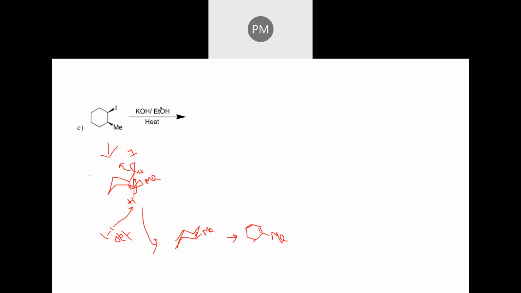On the next one, if we use OEt minus, it will abstract this hydrogen. This is also anti-periplanar, so from this we are getting the product.